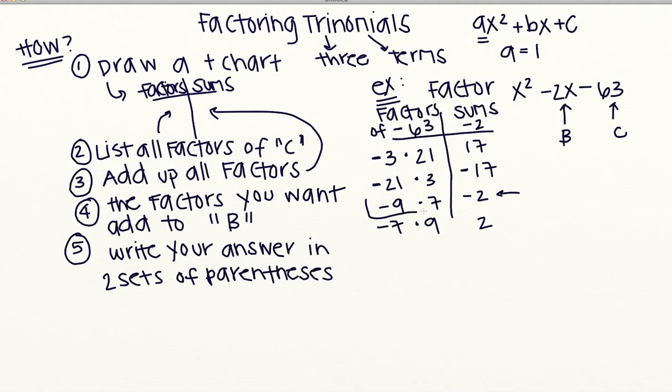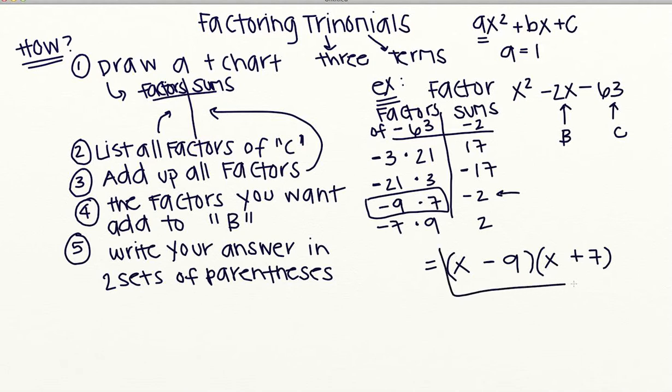So the factors that we want are negative 9 and positive 7. And so you write your answers in 2 sets of parentheses. So you set up your parentheses like this, and it always starts with an x. And then we can use the factors that we found and plug them in, but we have to remember to use the sign. So we have x minus 9 and x plus 7. And this is our answer.